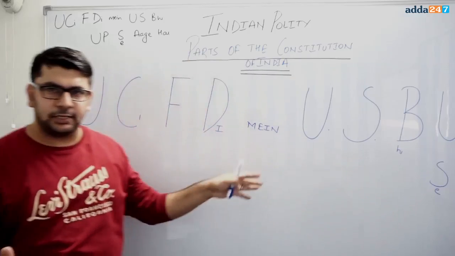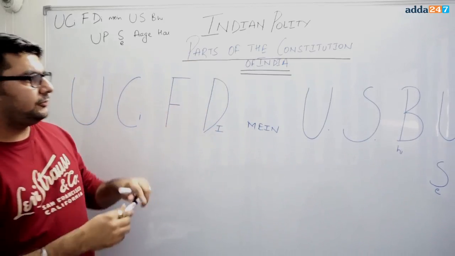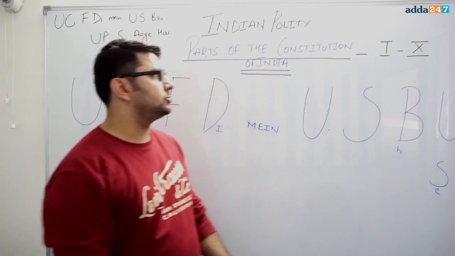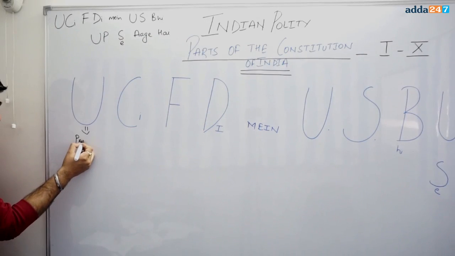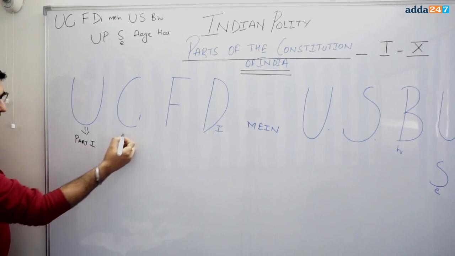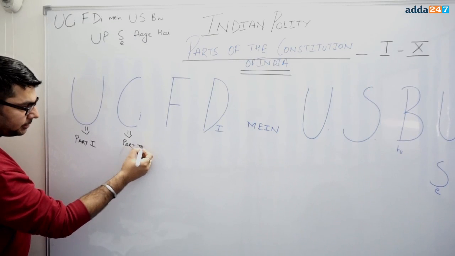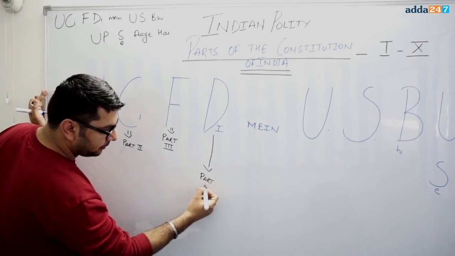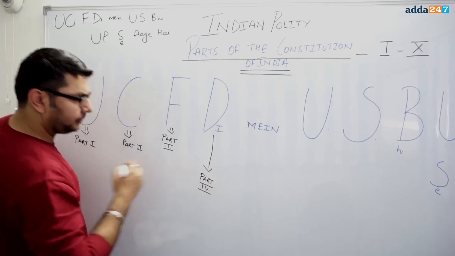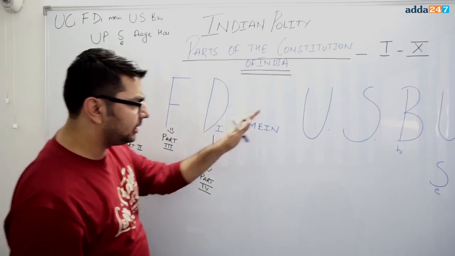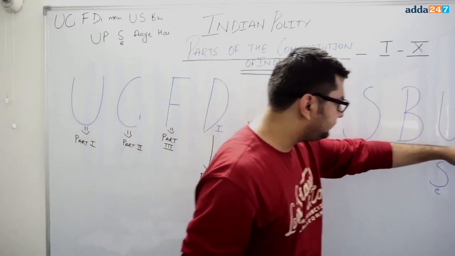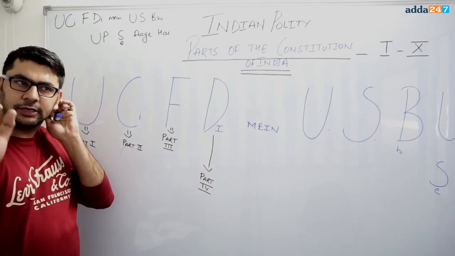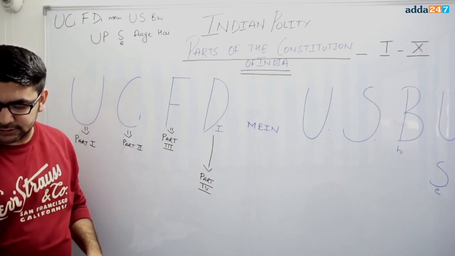With this punchline, we can learn the first 10 parts of the Constitution. So we can write it down: Part 1, Part 2, Part 3, Part 4. As you can clearly see, the capital letters which are bigger in size have the names of the parts.